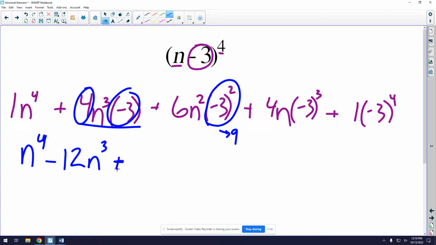So plus 54 n squared. In the next one, I have another exponent I need to simplify. -3 to the 3rd. So that's a negative times a negative times a negative is a negative. And 3 times 3 is 9 times 3 is 27.